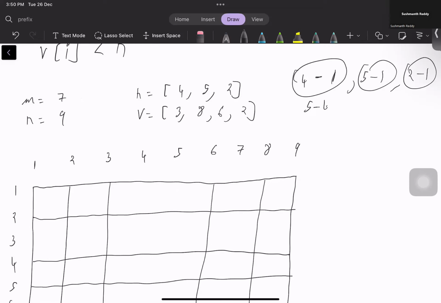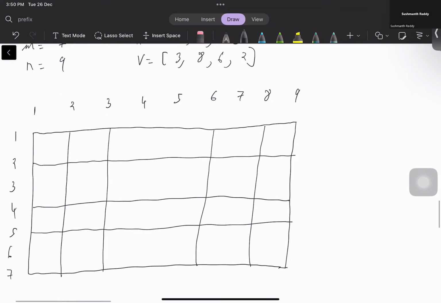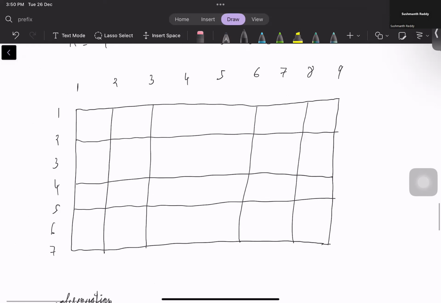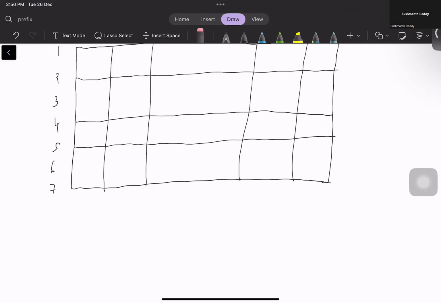Similarly, 5 minus 4 is a possible length. Basically, considering any two fences in this horizontal bar, including the edge fences, that is fence at 1 and fence at m, all possible distances that we can make in the horizontals, and all possible lengths that we can make in the verticals.